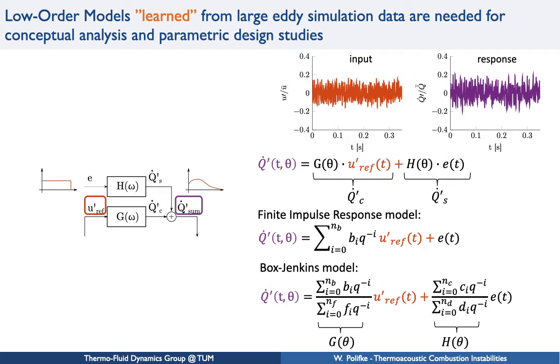And what you see here looks quite complicated. It is something you may have seen in control theory classes, or in signal processing classes. It's a technique called system identification, where you extract low-order models from time series that you generate in experiment, or which you generate, as in our case, from a high-fidelity simulation.